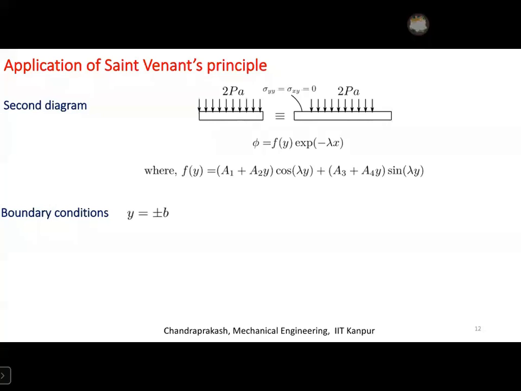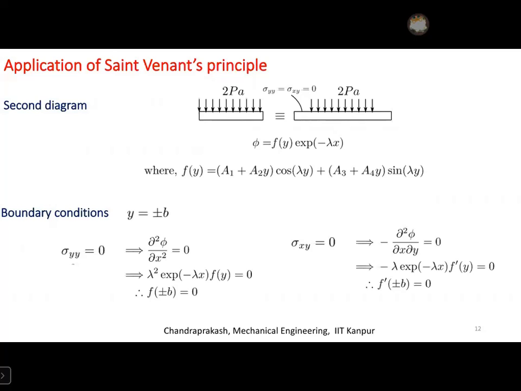I will apply these boundary conditions at both places, y equals b and y equals minus b. And what is sigma yy? Sigma yy is dou square of phi by dou x square. So you will get two equations, one for y equals plus b and one for y equals minus b. Similarly, using the sigma xy equals 0 condition, you will get two more equations for f at plus and minus b.